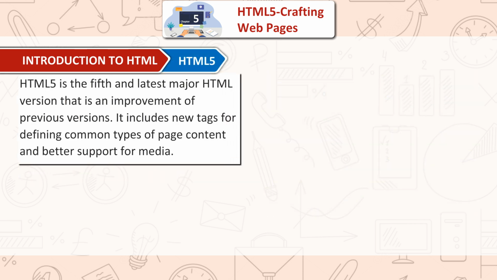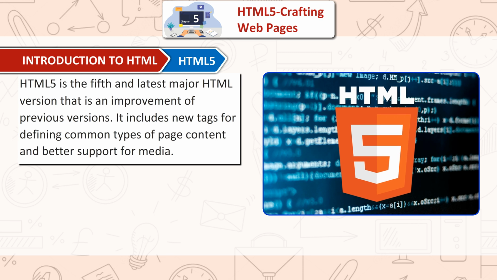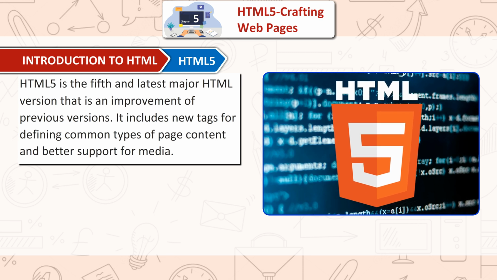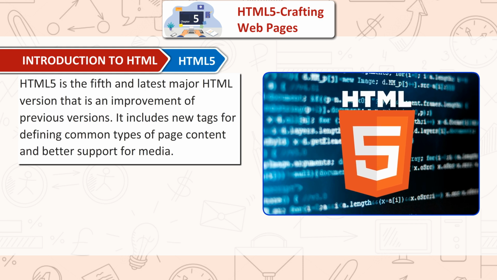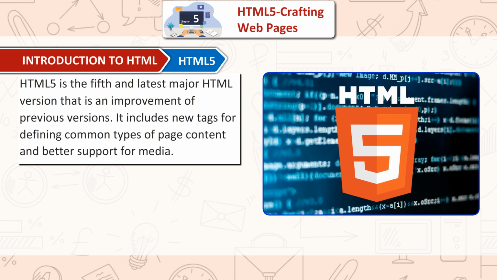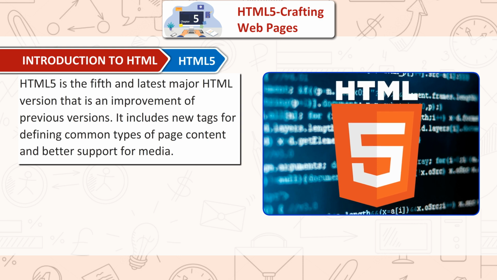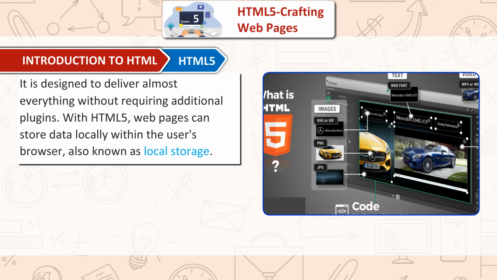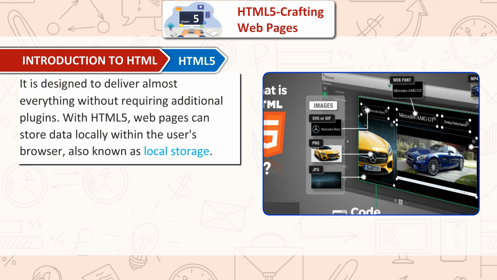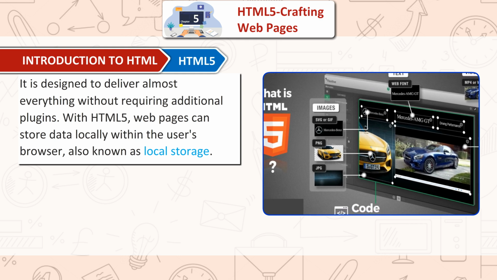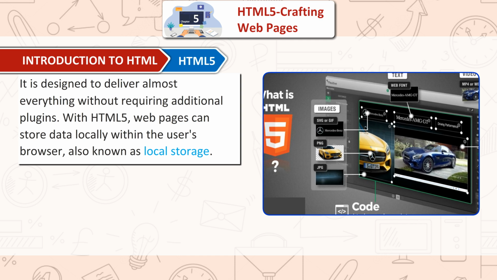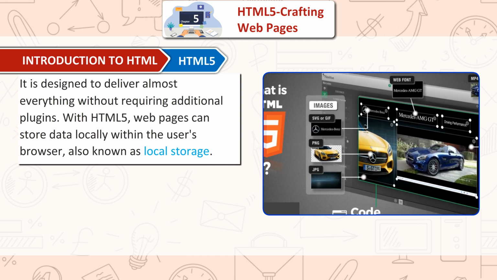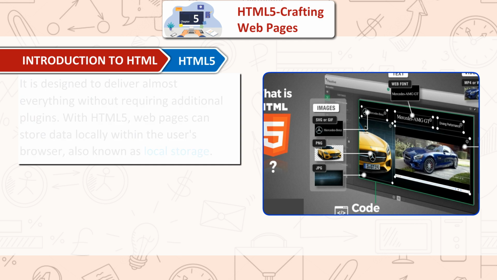HTML5. HTML5 is the fifth and latest major HTML version that is an improvement of previous versions. It includes new tags for defining common types of page content and better support for media. It is designed to deliver almost everything without requiring additional plugins. With HTML5, web pages can store data locally within the user's browser, also known as local storage.